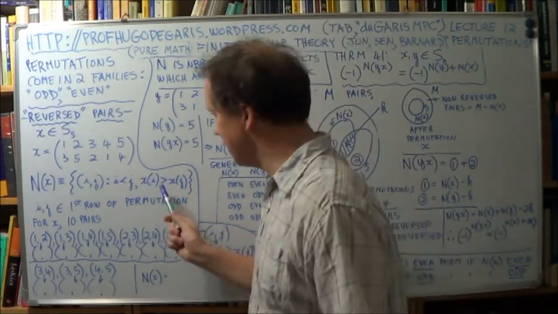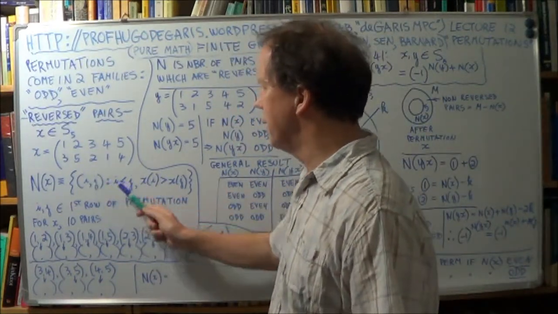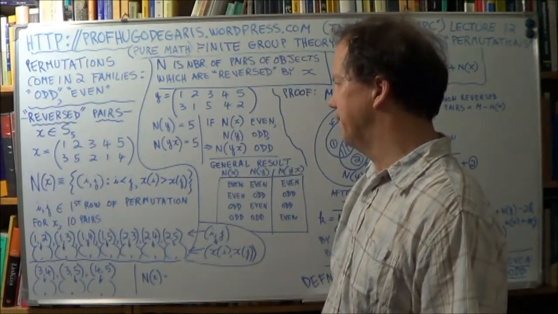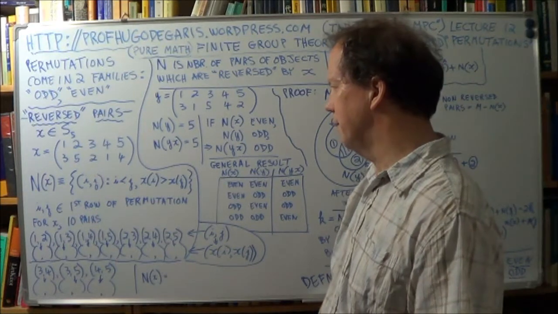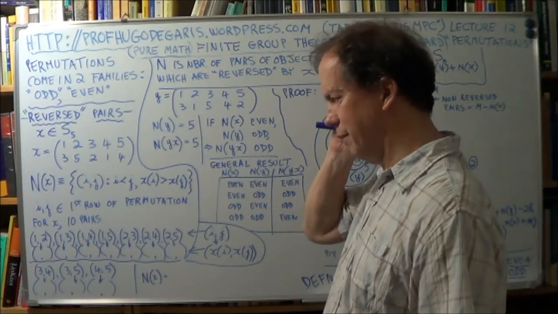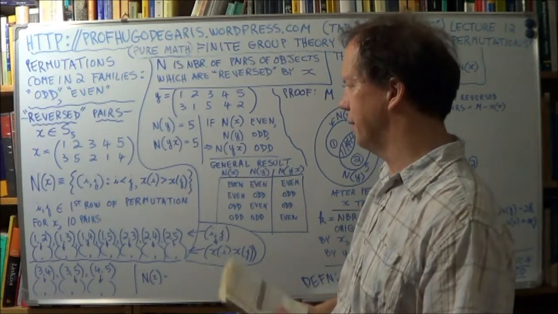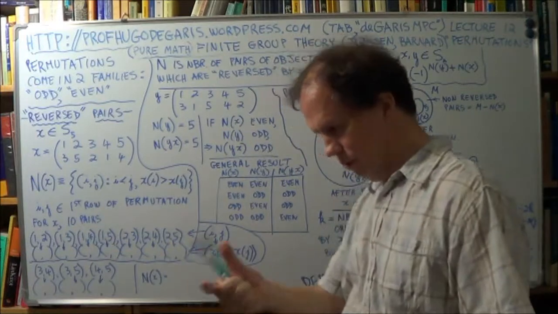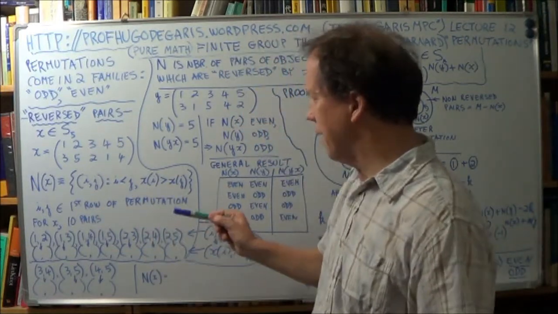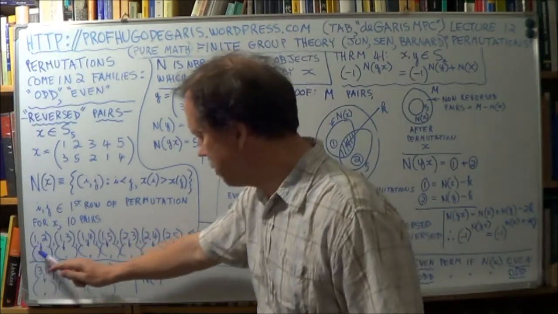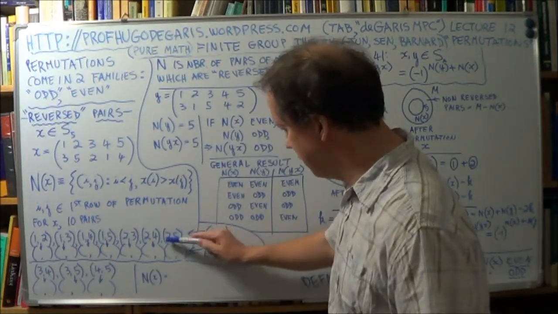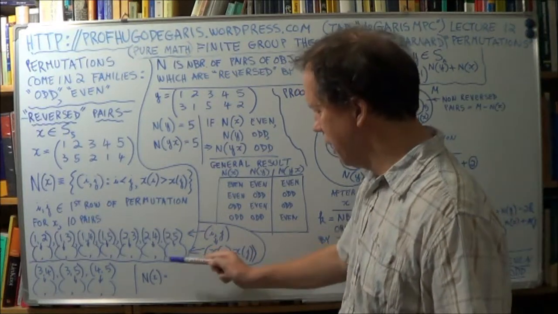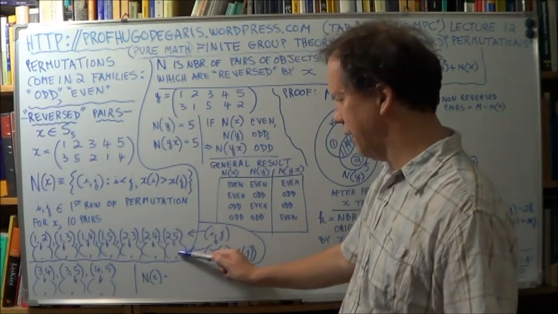Now, the second condition is for this pair to belong to this set of n: you talk about a reversal. Before I explain what a reversal is, let me put in the values here, like this i j, i j, i j, and so on. Now here I'm going to put x of i and x of j.